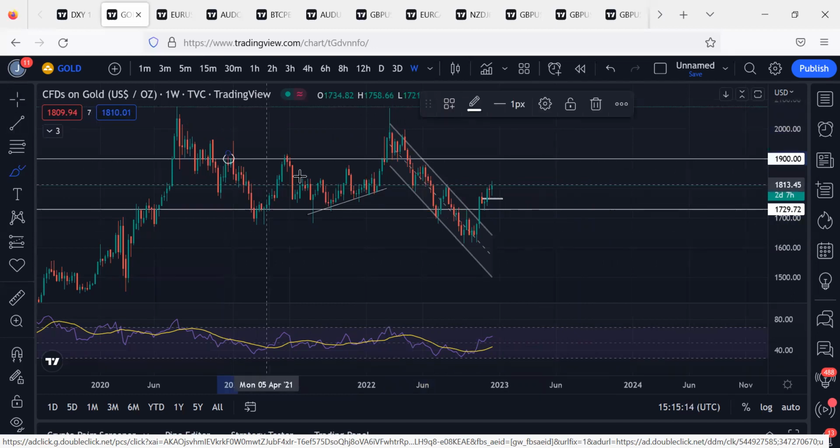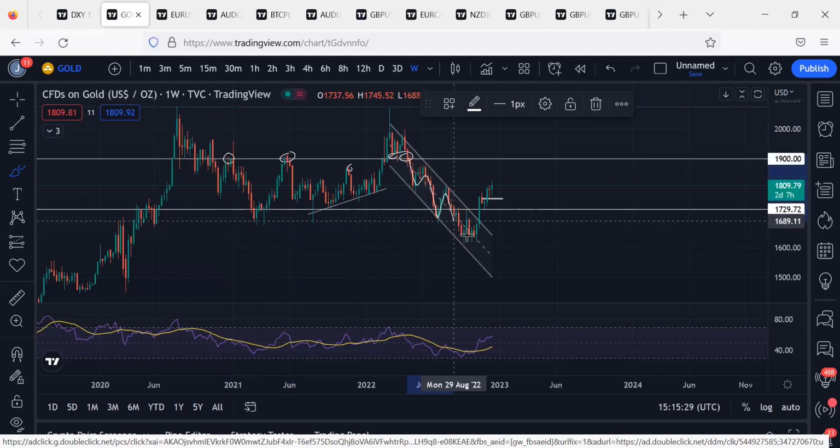This was a previous resistance, this was under resistance, this was a support that got broken. So 1,900 is a big area of value, and I think this is where investors might actually be coming to. So what I just drew just now is a perfect market structure.